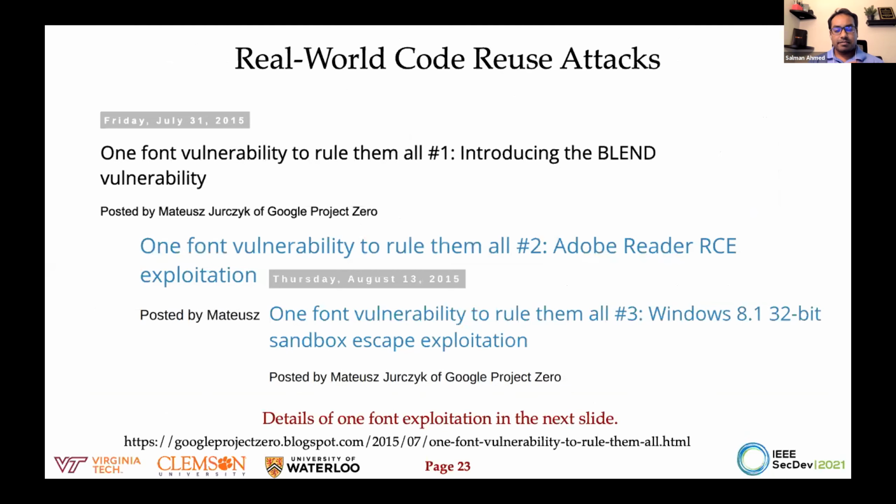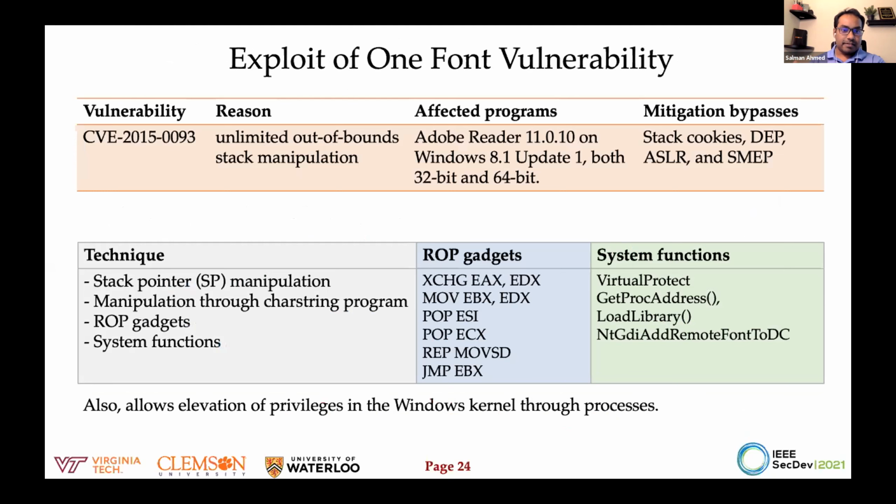And to give you some idea about how this code reuse attack actually maps into real-world attacks, we are going to give you an example of an existing exploit, which exploits an unfound vulnerability of Adobe Reader. As Professor Yao mentioned, the exploit is not only a code reuse attack. It has different components. The code reuse attack is just a single component of it.